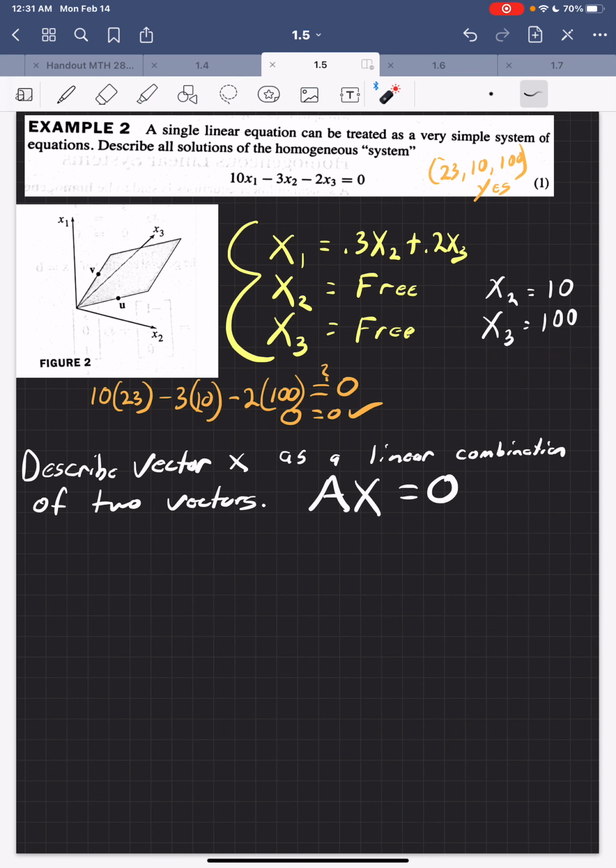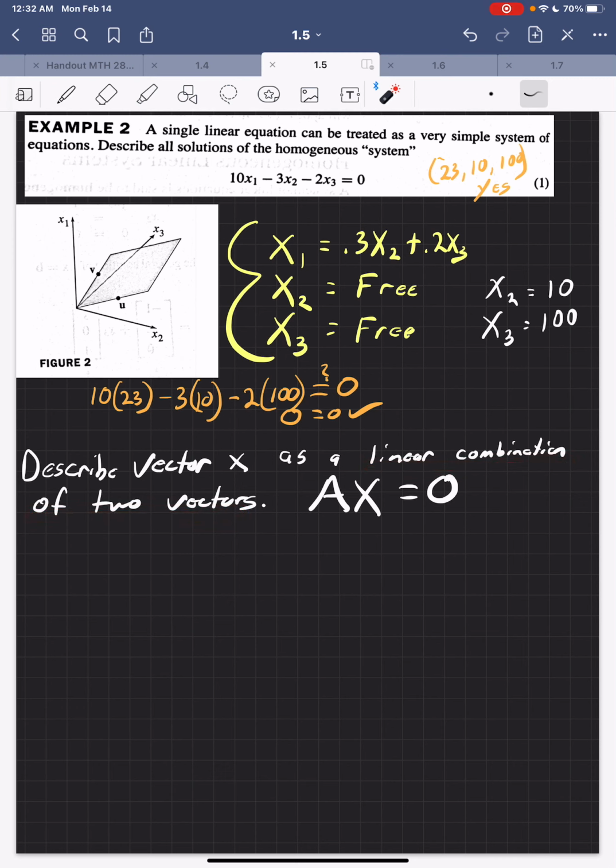Now, let me see if I can do this next question justice, because this is a very important part. So describe, remember, you have matrix A times vector x must equal 0. And we want to describe vector x, the solution, as a linear combination of two vectors.